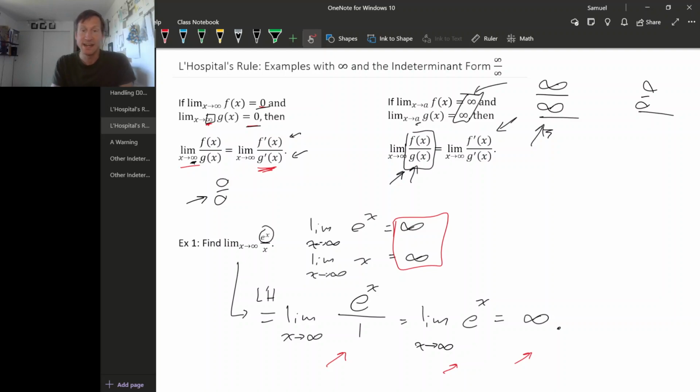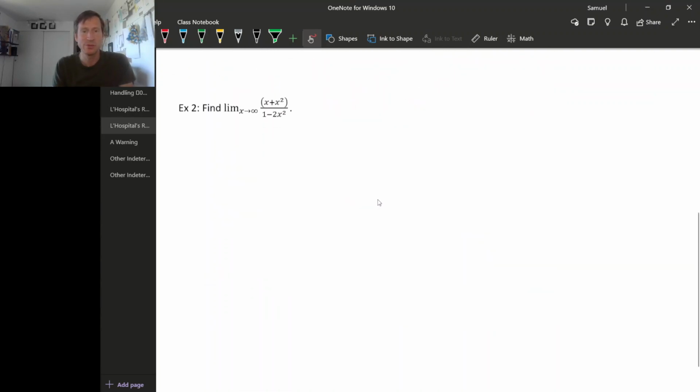All right, let's look at another example. How about this one? So the limit as x goes to infinity of x plus x squared over 1 minus 2x squared. Now, this is the limit at infinity of a rational function. So for this one, we actually do have other tools we could use to calculate this limit.